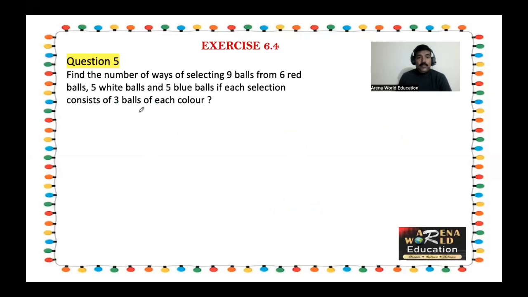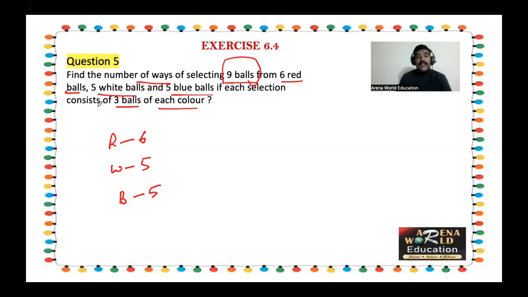So let us move to question number 5. Here we have to find the number of ways of selecting 9 balls from 6 red balls, 5 white balls, and 5 blue balls if each selection consists of 3 balls of each color. So first of all, we have 6 red balls, 5 white balls, and 5 blue balls, and we want to select a total of 9 balls.